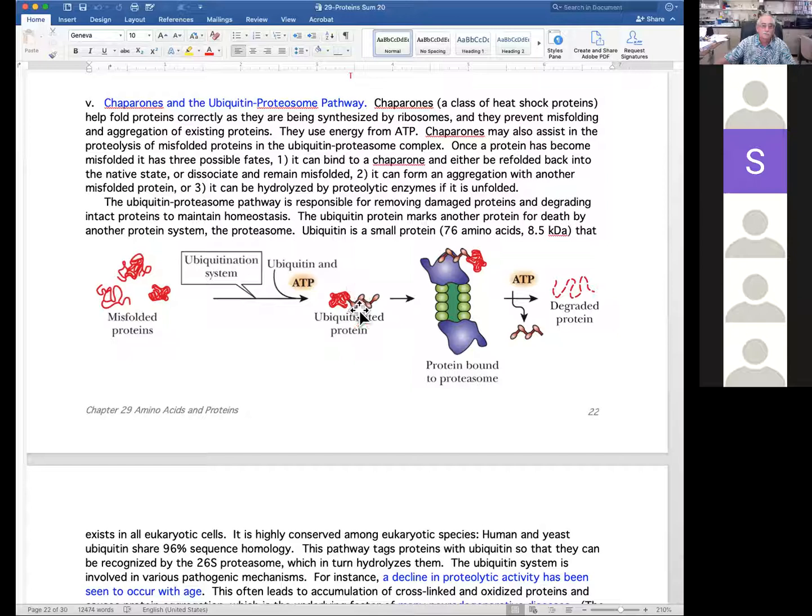Now, because ubiquitin is there, the proteasome can bind the ubiquitin right here, take that protein and suck it in through the active site and start chewing up the protein. If the protein doesn't have ubiquitin on it, then this thing can't do anything.